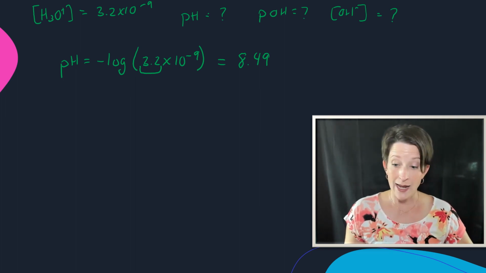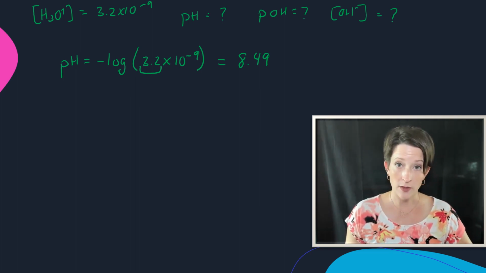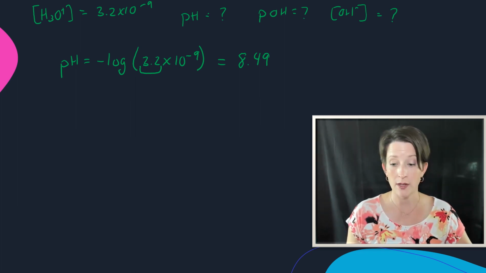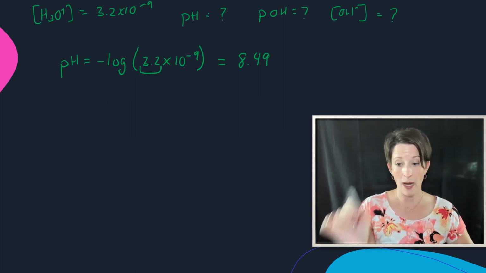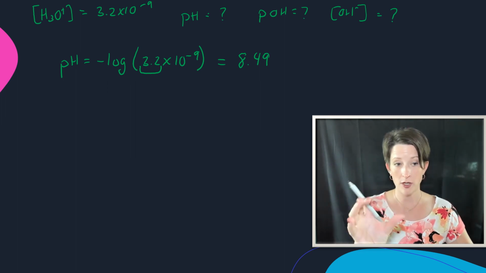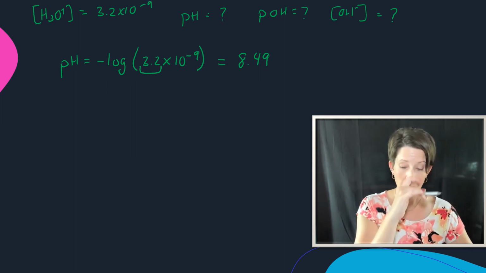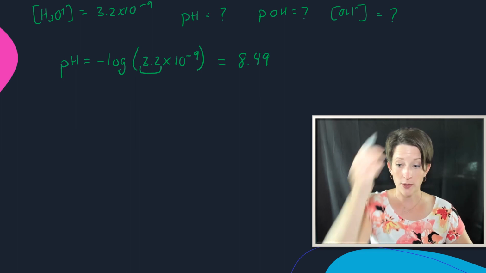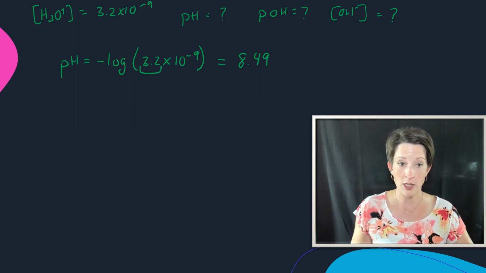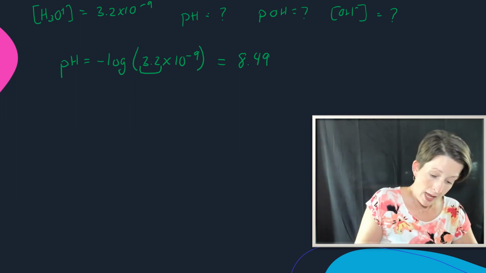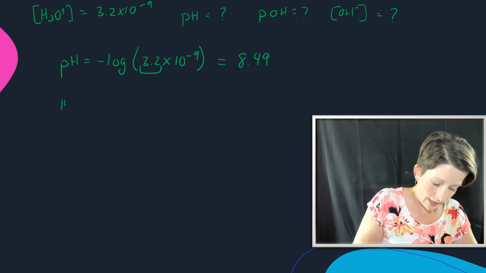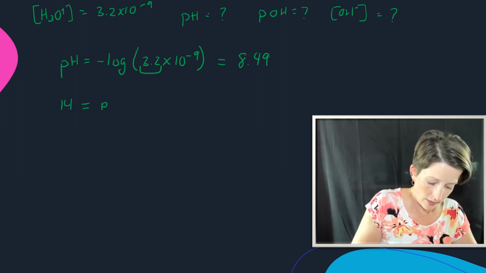All right. Now, depending on your calculator, you may have to learn how to enter this in. So if you have just the TI-30, not the TI-30X2, you actually have to go backwards. You enter in the exponent function, log, and then the negative. So take the time, learn your calculator so you can enter this information in correctly. Now to find the pOH, I can take 14 equals pH plus pOH.